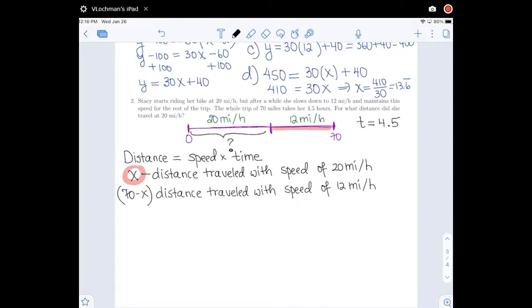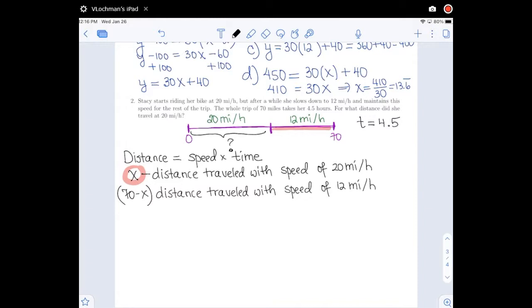Right? So let's do this quick exercise. Let's say I traveled with that first speed for 10 miles, right? For 10 miles. How long did I travel with the second speed? And the total travel distance was 70. So if I traveled for 10 miles, how long did I travel with the second speed? So I'm Stacy now. Don't overthink it.